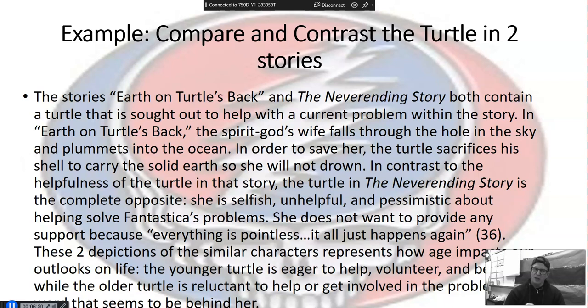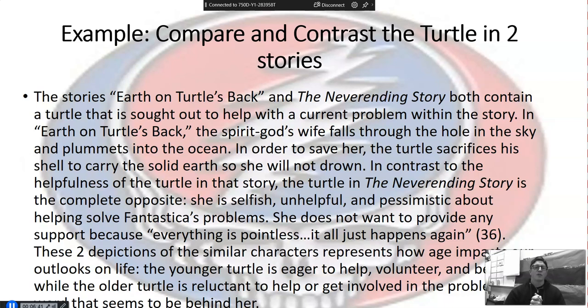In contrast to the helpfulness of the turtle in that story, the turtle in The Never-Ending Story is the complete opposite. She's selfish, unhelpful, and pessimistic about helping solve Fantastica's problems. She does not want to provide any support because, quote, everything is pointless, it all just happens again.